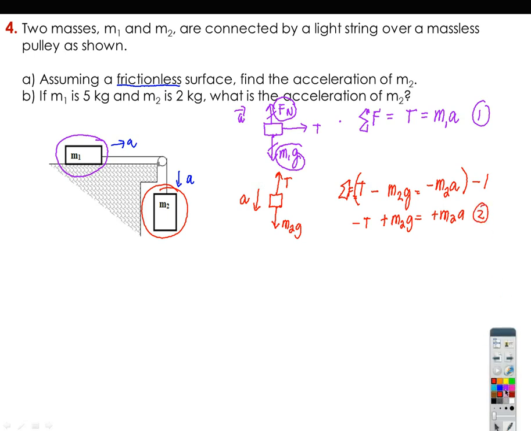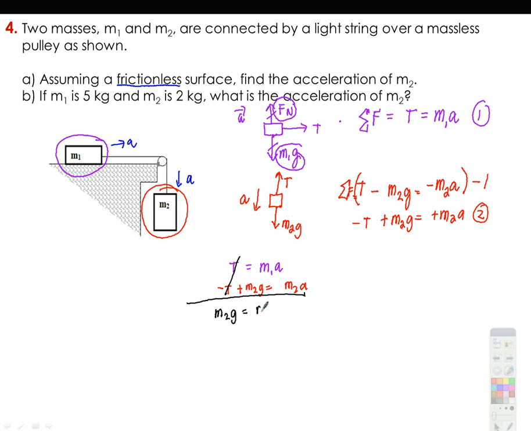Combining these two, combine equation 1 and equation 2. Our equation 1 is T equivalent to m1a, and our equation 2 is negative T plus m2g equals m2a. So it will be the same thing as earlier. These two T's will cancel, and what is left on this side is m2g.